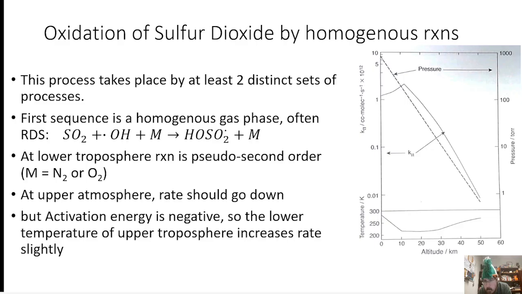It actually peaks out here, where the temperature is actually kind of at its lowest. And then it creeps back down as the temperature picks back up. So it's not quite the linear drop that you would expect based on the pressure.